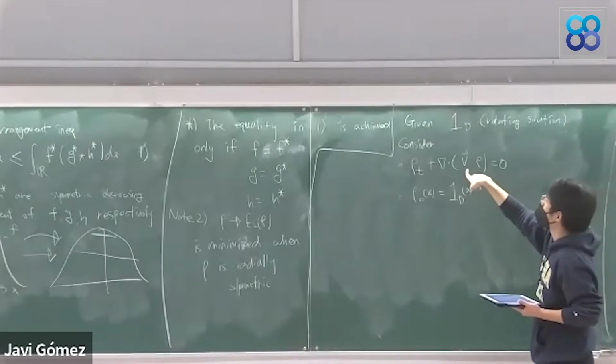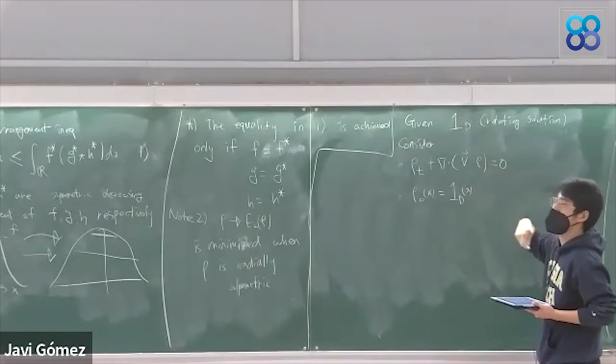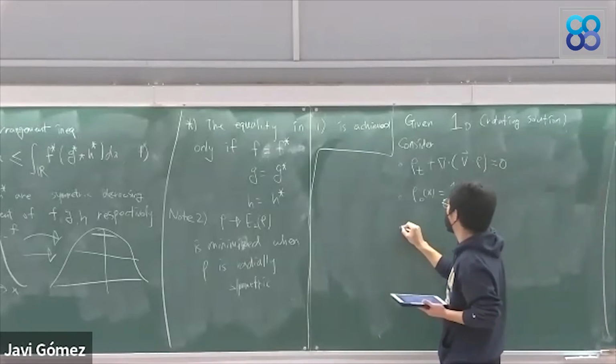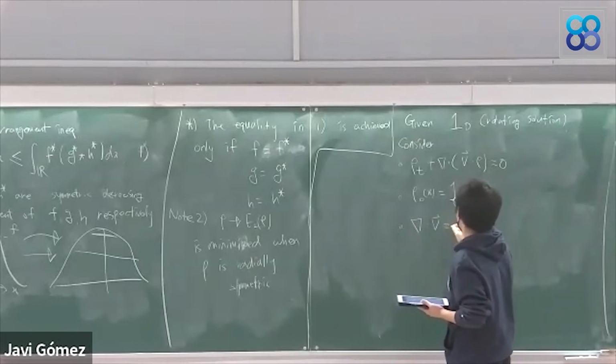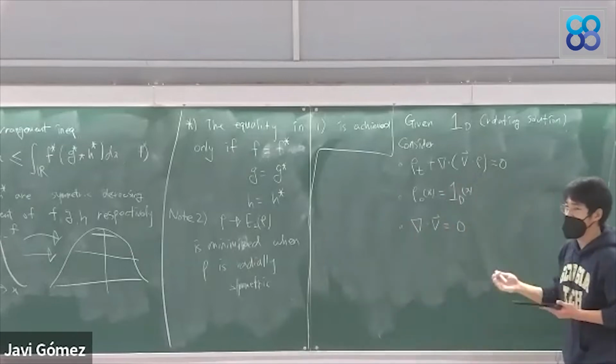So if we choose v, and then we run this continuity equation, we assume one more condition, this v is divergence free.